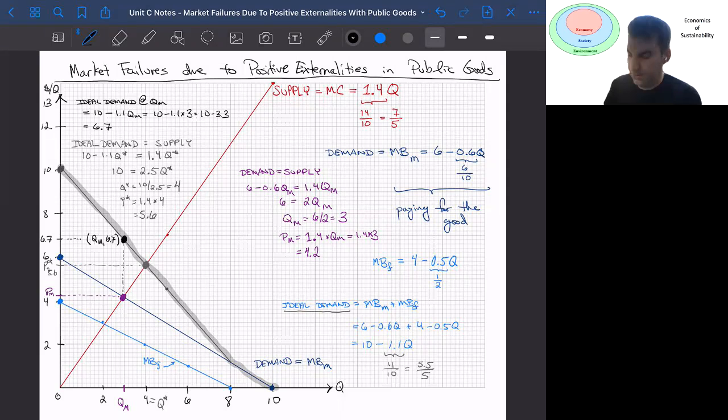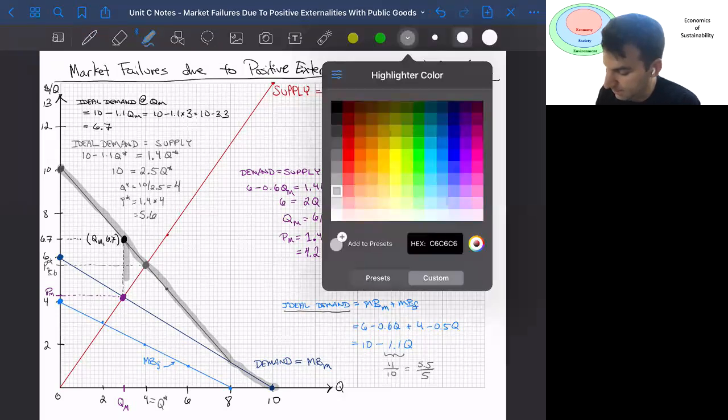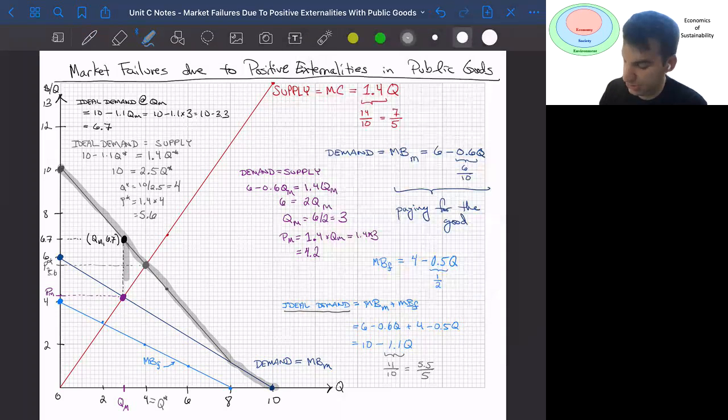And so we now, I think, know enough to calculate this deadweight loss. So I'll highlight the deadweight loss. Maybe I'll use a different color of gray, a paler shade of gray, perhaps. And that deadweight loss is that area right there. And so I know this distance and I know this height, and that's all I need to know.